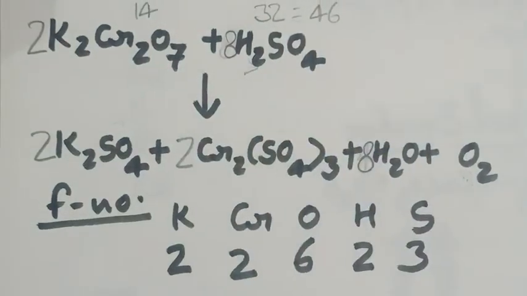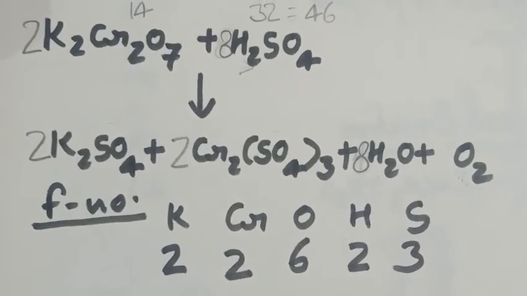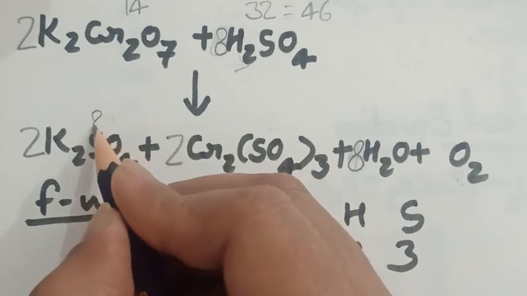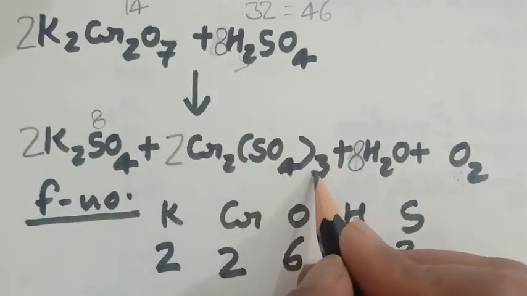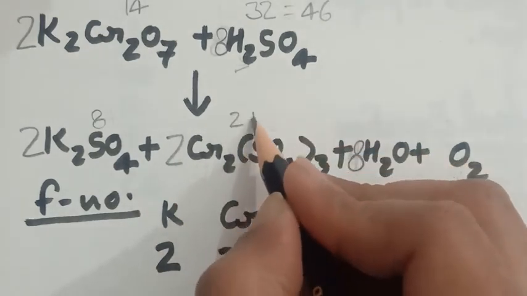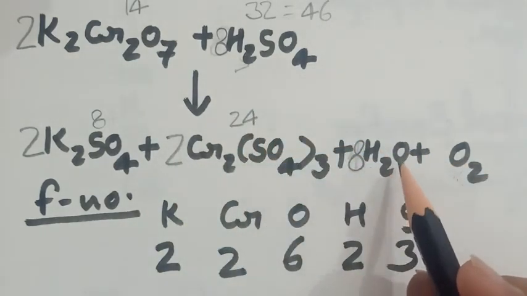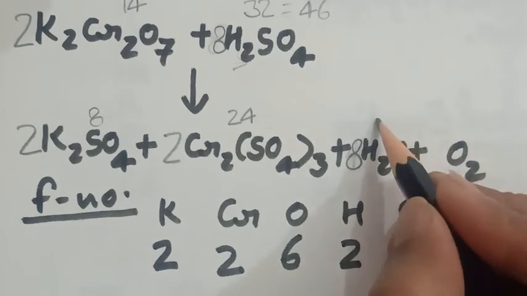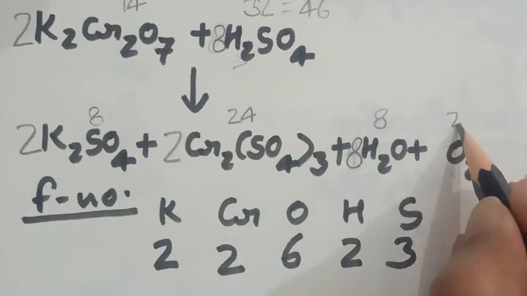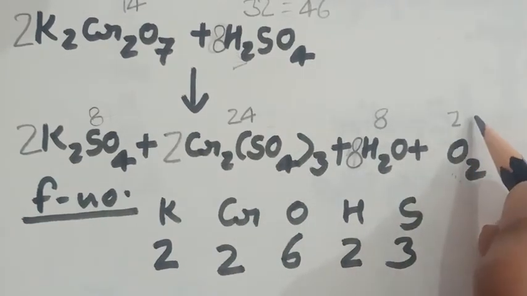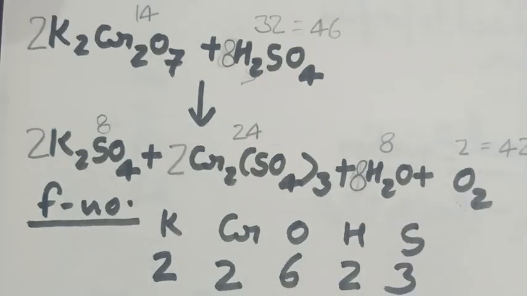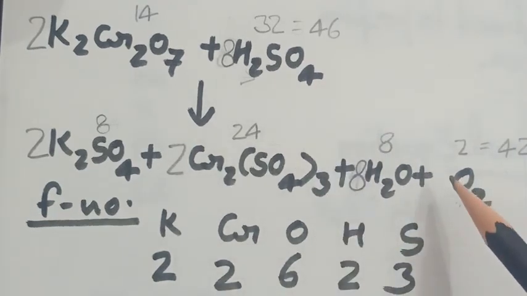On the product side, 4 times 2 is 8, 4 times 3 is 12, 12 times 2 is 24, then 8, here 2. So the total number of oxygen on this side is 42. Again student, there is a difference in oxygen number.